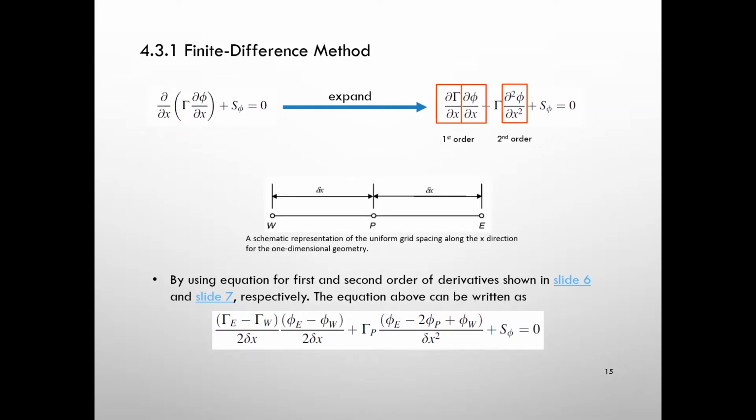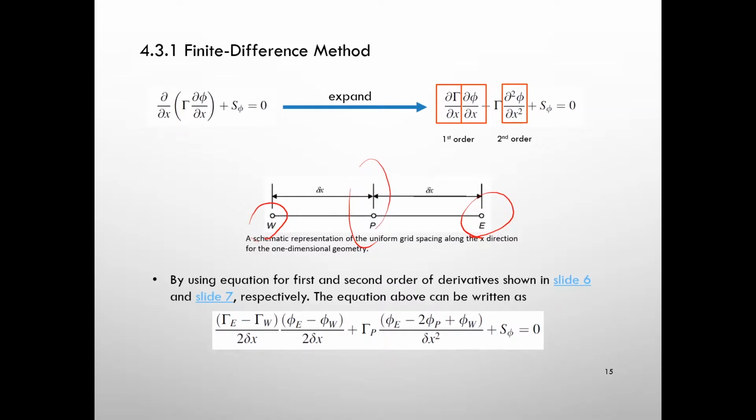In this case, since it's only one dimensional, we use P as our point of interest, surrounded by west and east. If it's two dimensional, we have another two, which are north and south.